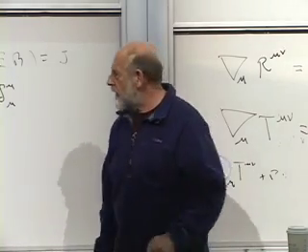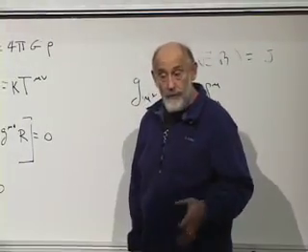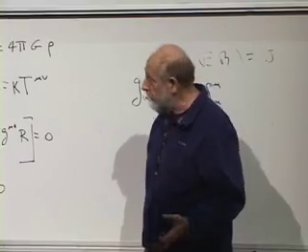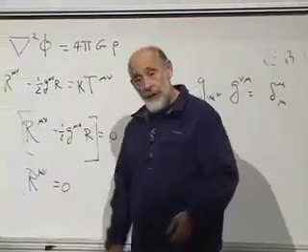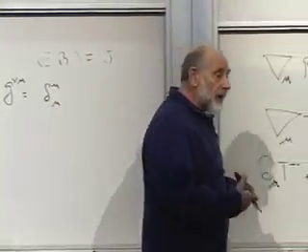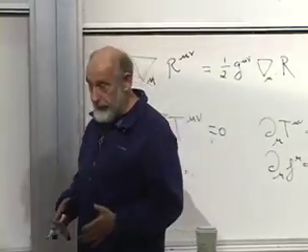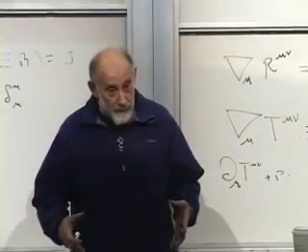So the answer is in 3-dimensional space, or even 3-dimensional space-time, if there was such a thing, the Ricci tensor would be a full description. And if the Ricci tensor was 0, the space is really flat. There is no other information.